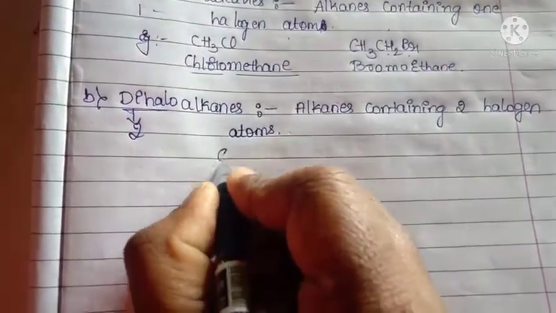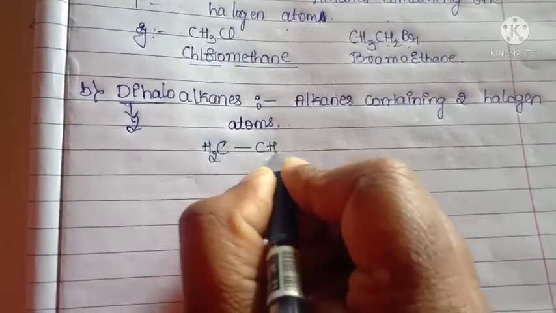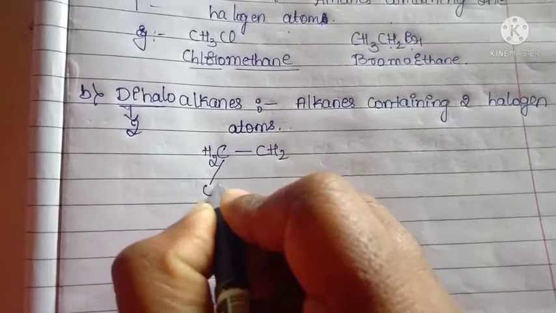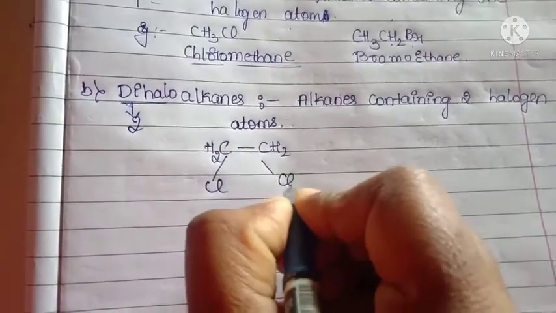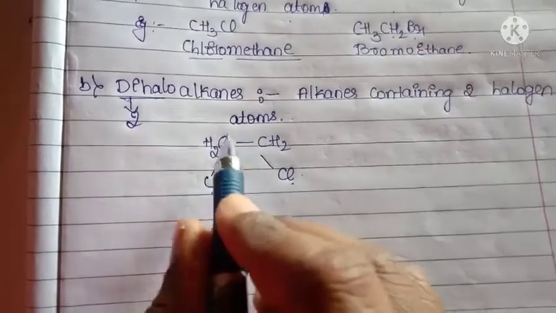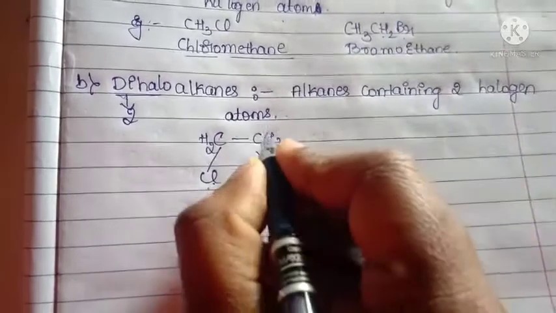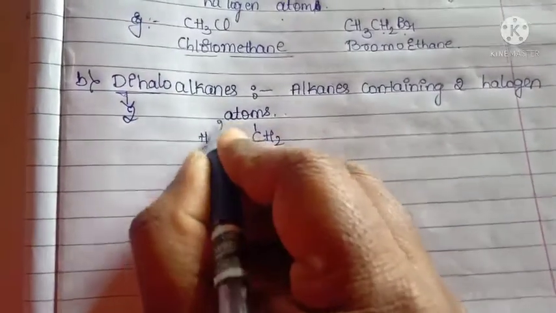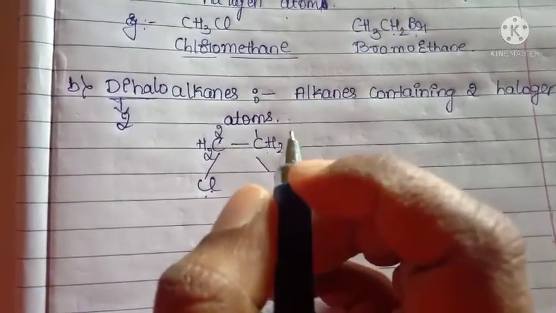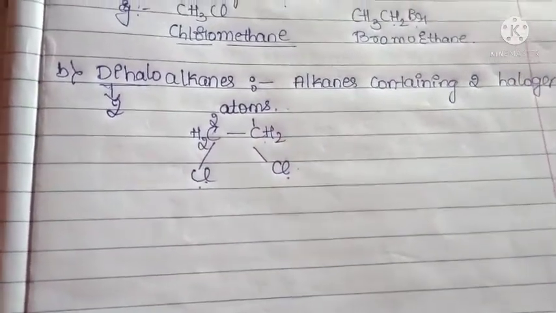For example, CH2Cl CH2Cl. Here 2 chlorine atoms are attached to 2 carbon atoms, so the alkane group is ethane. Here you have to give numbers because more than one halogen group is attached.